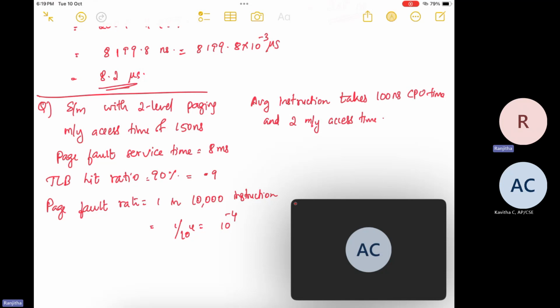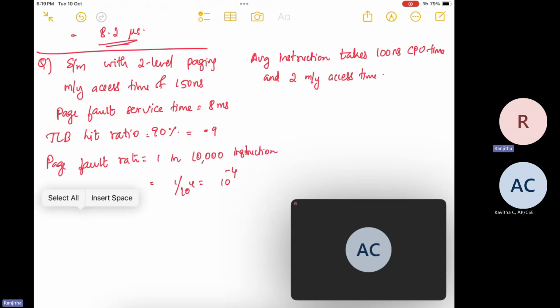This is the page fault rate given. So the question is, what is the effective average instruction execution time?